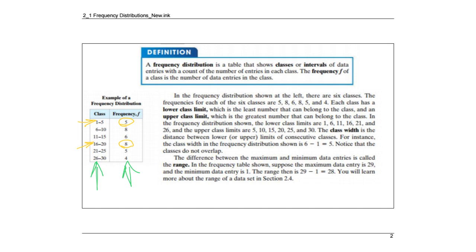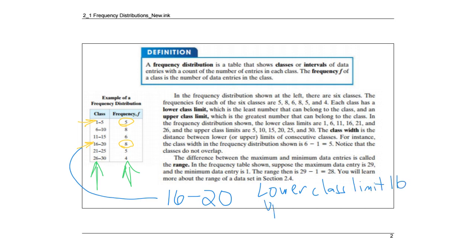So in this case, let's grab the 16 to 20. So if we come down here and we say 16 to 20 is the class we're looking at, the lower class limit for this one is the 16. The upper class limit is going to be 20.